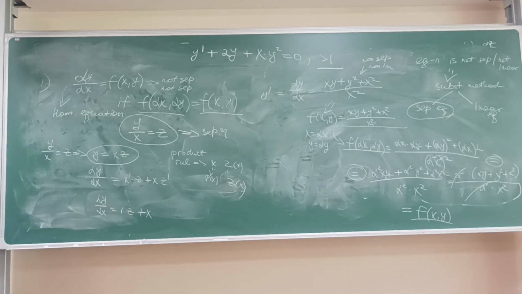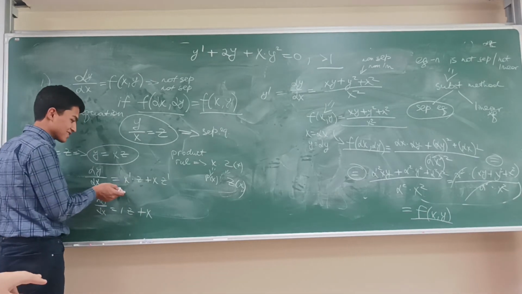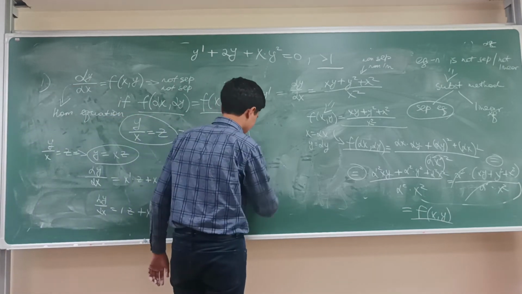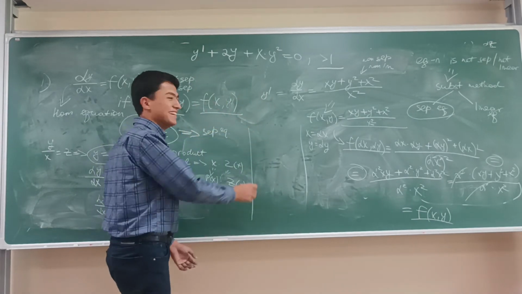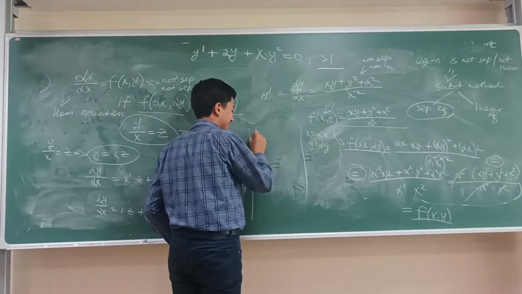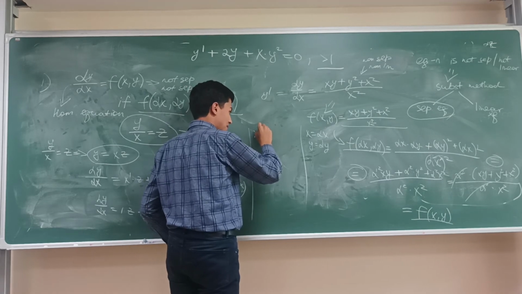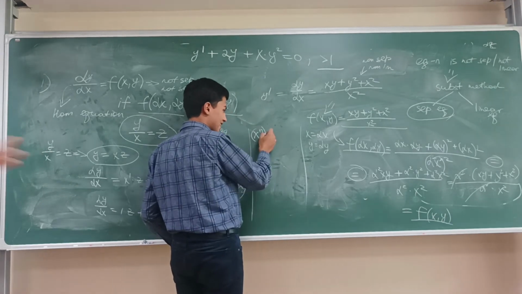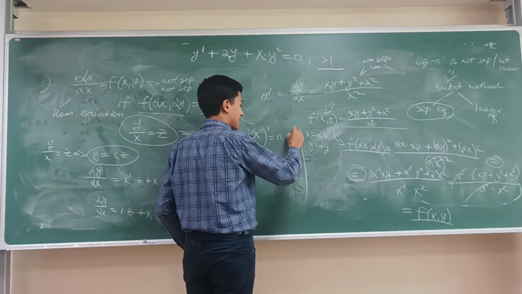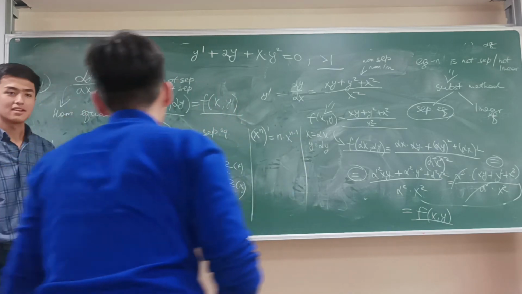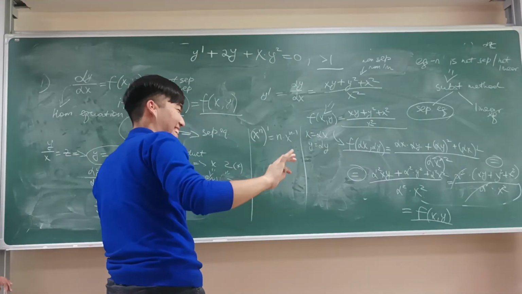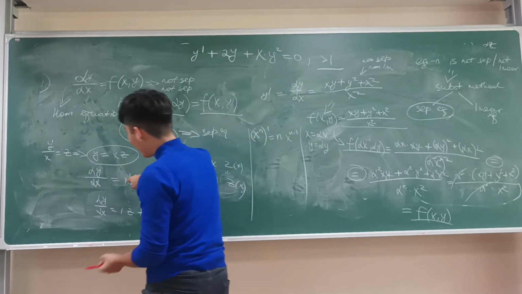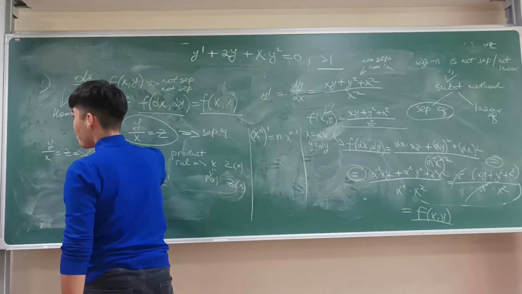X is a function, so y is 1. We take the derivative of x depending on the rule, imagine that this is power n. If it's a function, in this case x is not a function, but z is a function.